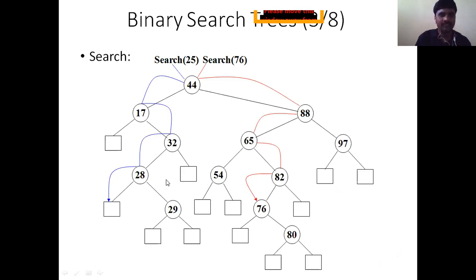There is no 25 node here. At the same time, we want to search for 76. Here we found the 76 node this way. We have to check the subtree of 44, and again we have to go for 65. What is the shortest path available, and we can check left or right like this.